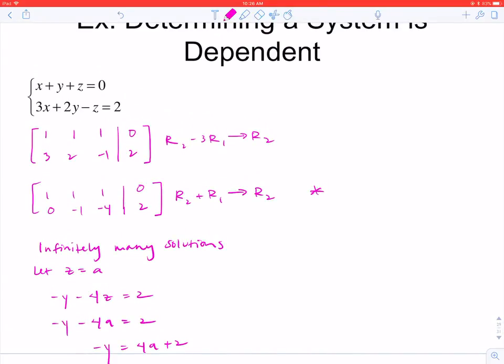Okay, this is kind of like if you were trying to solve this system using elimination, and here, let's do that. So let's say we added these two equations together.